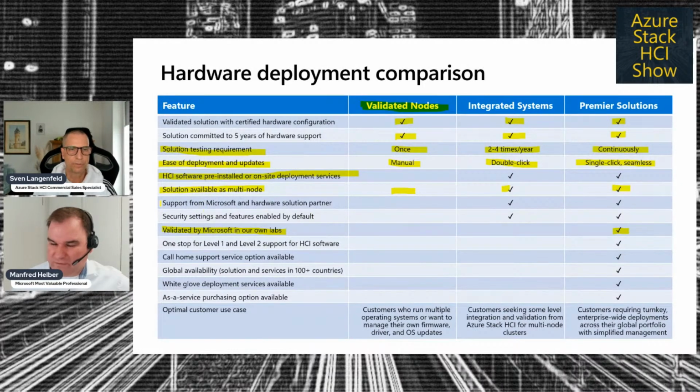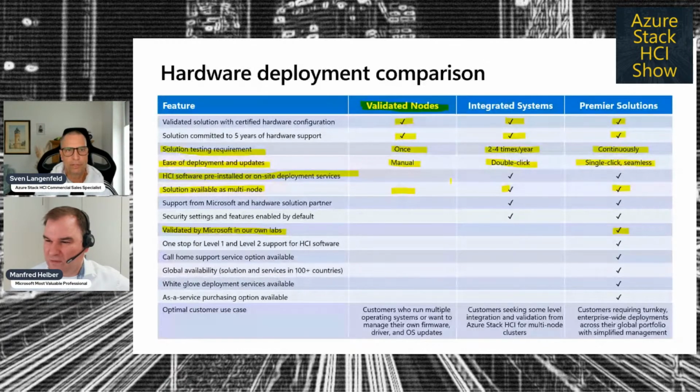Yeah, it's important to repeat that everything that is in Premier or integrated solution could be in the lower segment as well. But it's guaranteed. So from Microsoft's perspective, if a hardware vendor says this is a Premier solution, all the items have to be fulfilled.